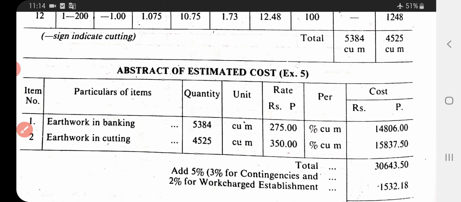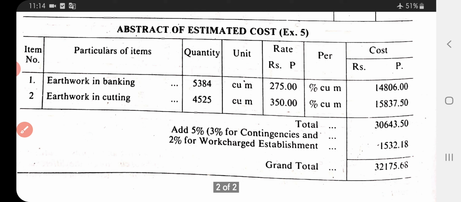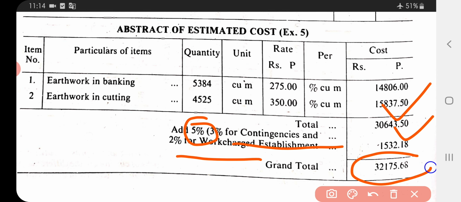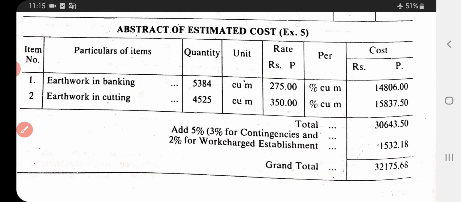By adding these two costs, you get the total cost, and at last add 5% as given in the question, and 2% for earthwork, that is equal to 1532.18. This is the 5%, 3% for contingency, 2%, 5% of this, and then you get the grand total equal to 32175. That is the total project cost. I hope you will understand.